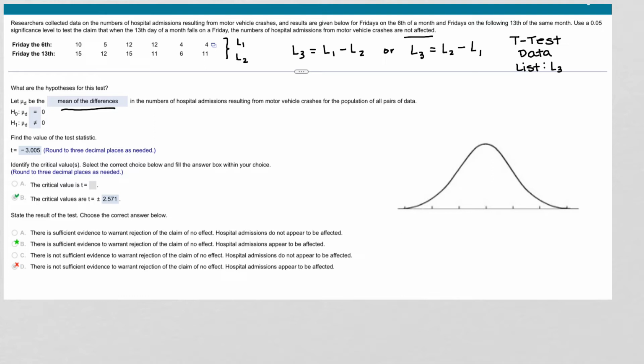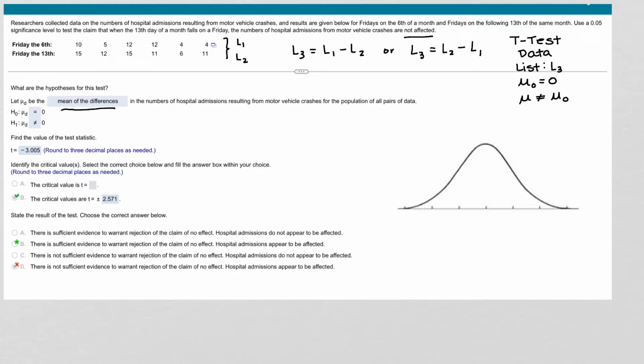And our hypothesis, let's see, well, mu 0 is going to be 0. And then our hypothesis is that mu is not equal to mu 0 because it's a two-tailed test. Okay. So when we do that and we get our results, we get a test statistic negative 3.005.